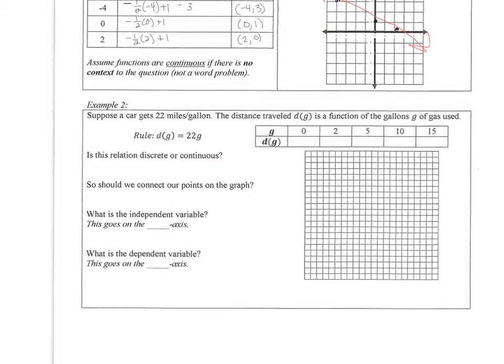Can you pick all values of gallons, or do you buy one gallon at a time? For example, you can only buy 1 gallon, or 2 gallons, or 3 gallons of gas. No, it's continuous because if you fill your car up with gas, you can buy all different decimals of gallons. So it's continuous.